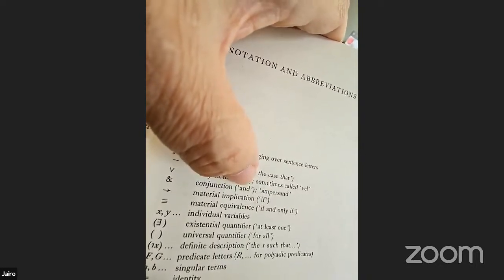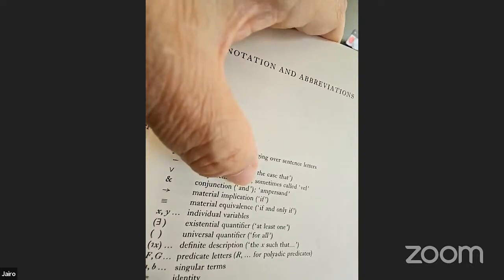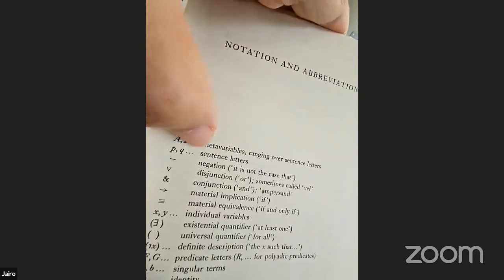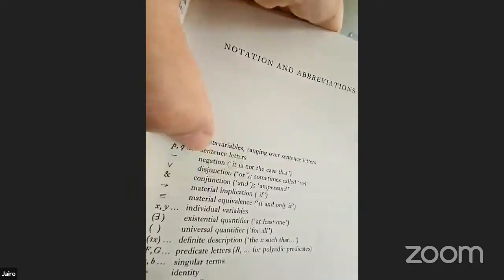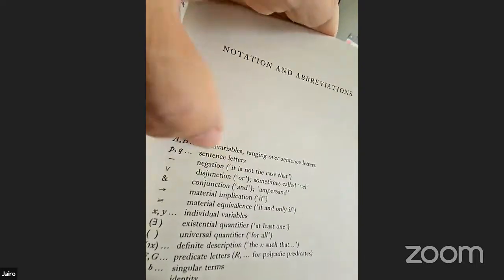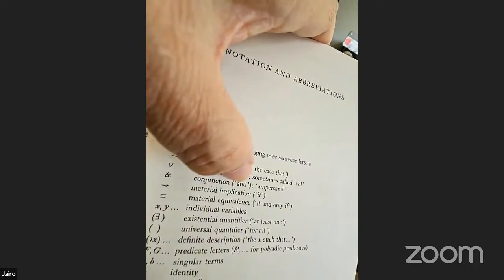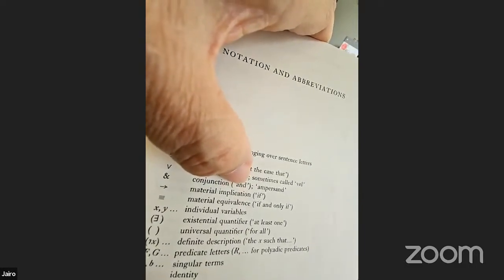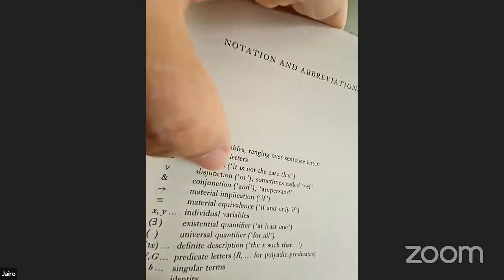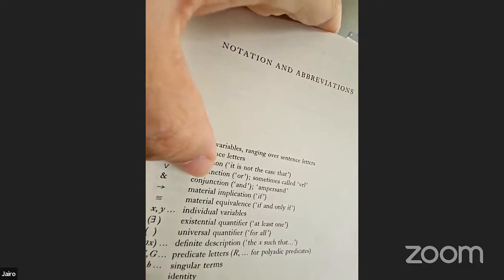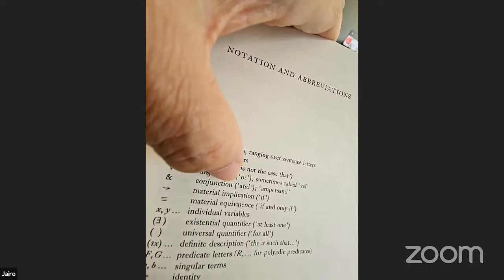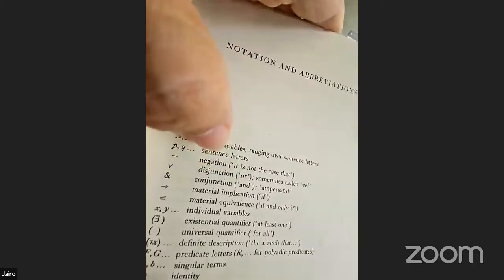If one of them is false, if one of them is not true, say A is true, but B is false, and you have and in between them, A and B, because B is false, then the result is that the combination is false. So that means that in order for the end result of a conjunction to be true, the individuals have to be true.